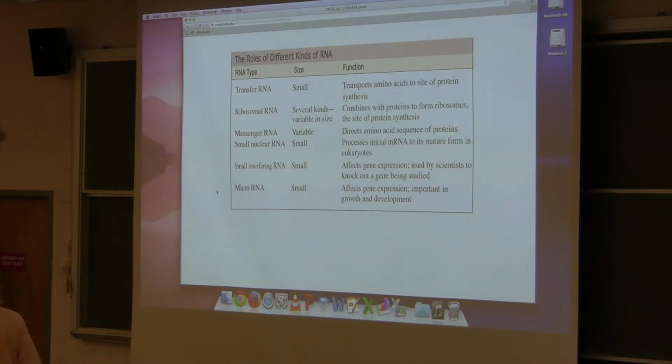That is transfer RNA, ribosomal RNA, and messenger RNA. These 3 types of RNA all play central roles in the synthesis of proteins.